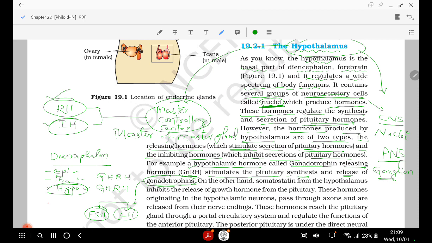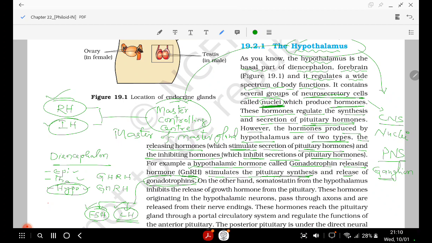When the pituitary gland is stimulated by gonadotropin releasing hormone, it secretes FSH and LH.